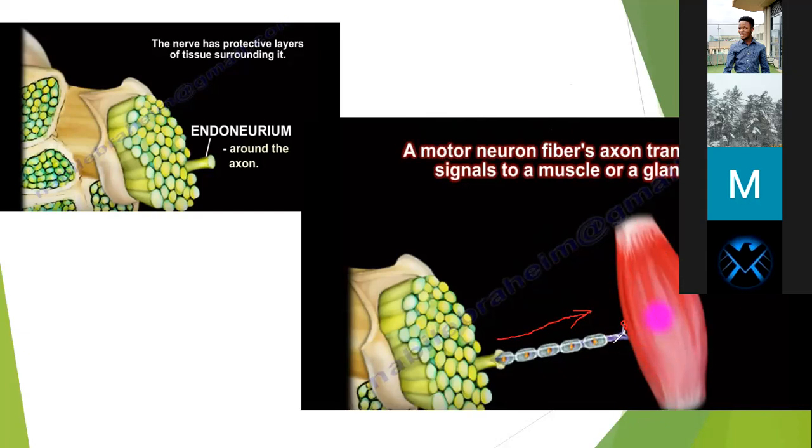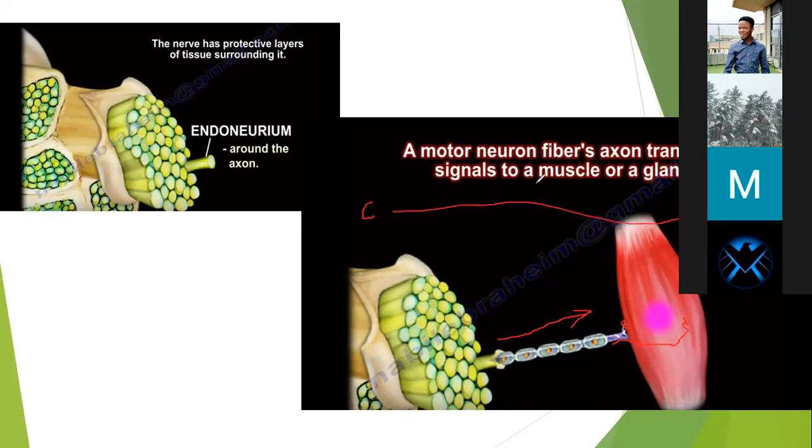Or if the neuron embeds itself into the inside and then it distributes, you find that at the end of the neuron terminal, we have the neuromuscular junction. So with this in mind, we know that the CNS is on this side and the effector is on this side. And what is connecting them is the motor neuron.